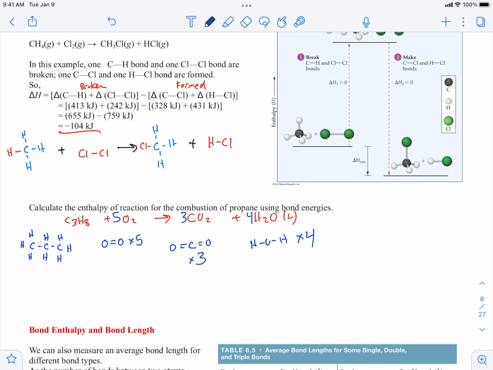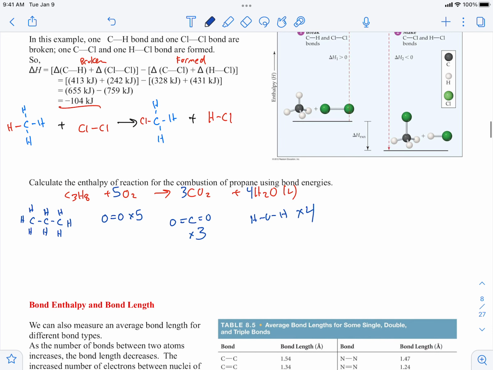You could draw a Lewis diagram 3 times and 4 times if you want, but basically you just have to keep track of how many there are. So you can do this one of 2 ways. You can figure out the difference in the number of bonds that are forming, or you can do them in a lump sum. Actually, no, they're all changing. We have to do all of these. So I take that back.